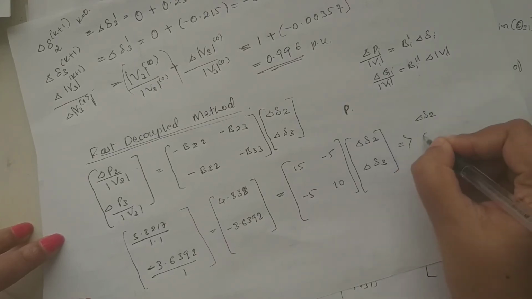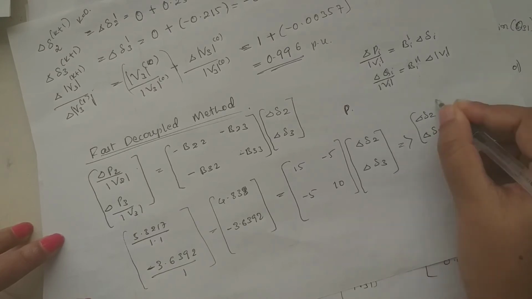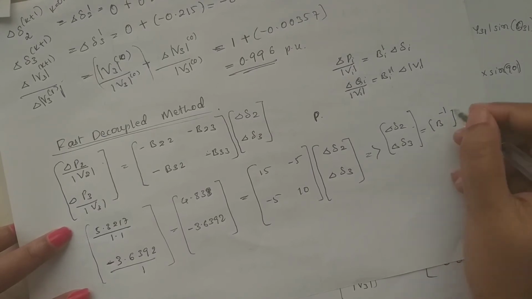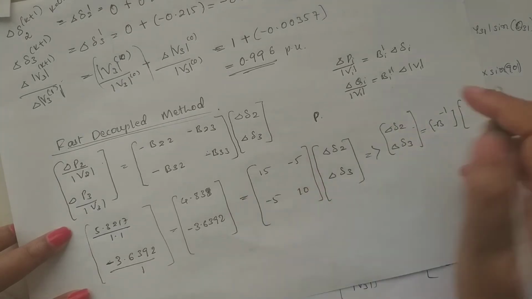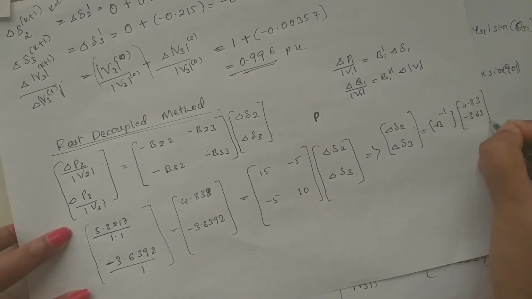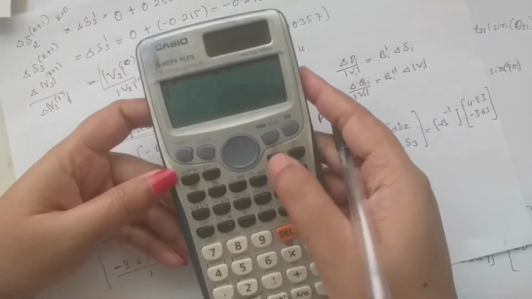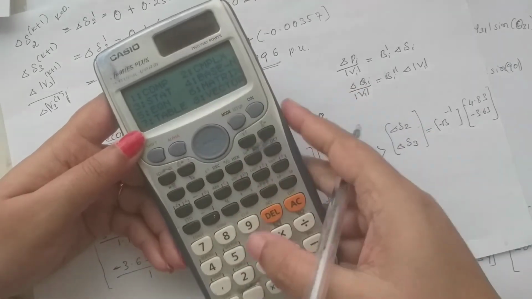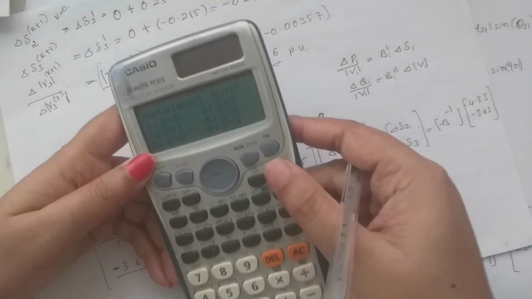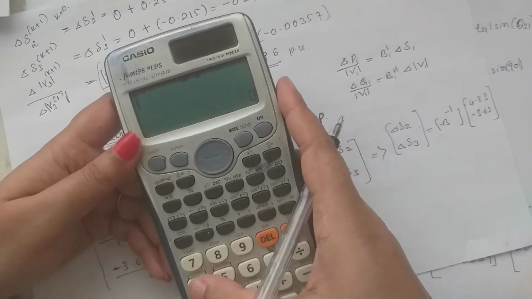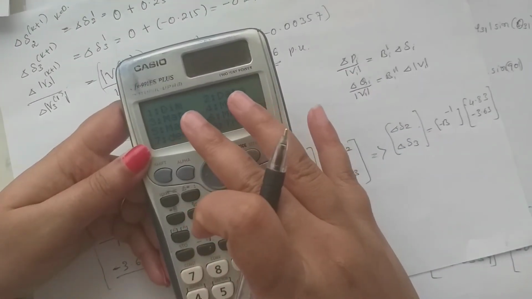delta 2, delta 3 equal to B inverse into 4.83, minus 3.63. Take the calculator, press mode and press 6. It is in matrix form now. Press shift 4. It asks whether you want to enter dimension.